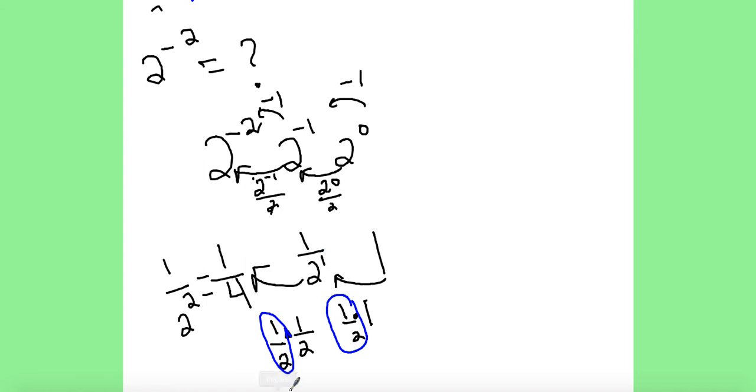Okay. So even if we don't always remember the rule that anything to the negative power is 1 over that thing to the positive power, we have a pattern of what is going on to get from one number to the next if we're working with exponents.